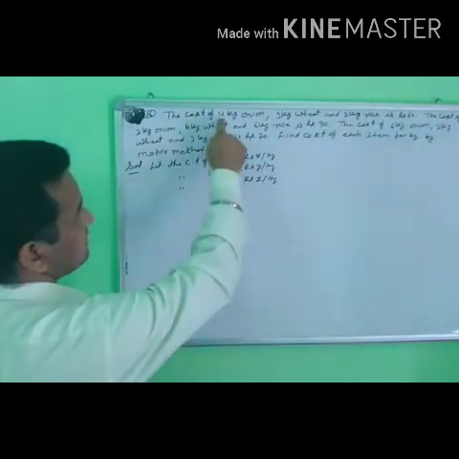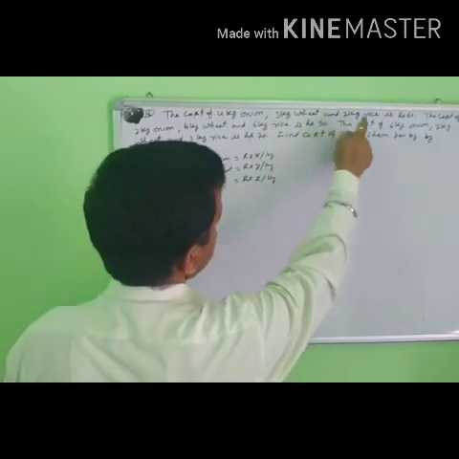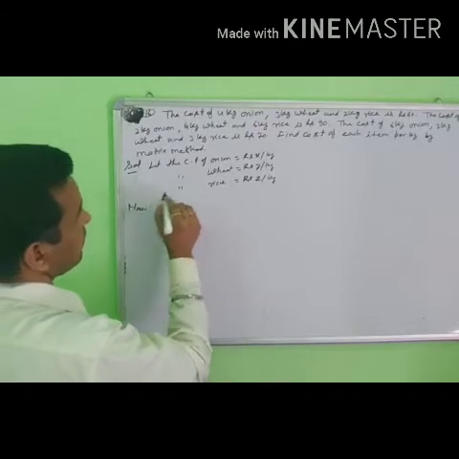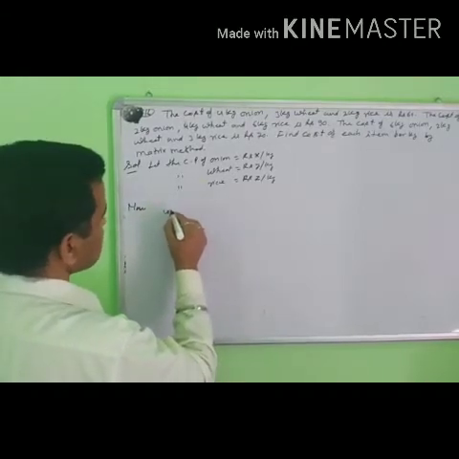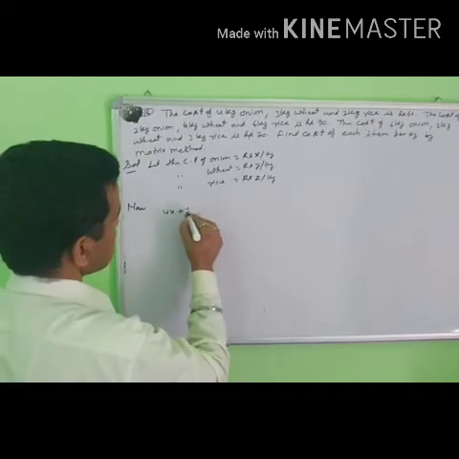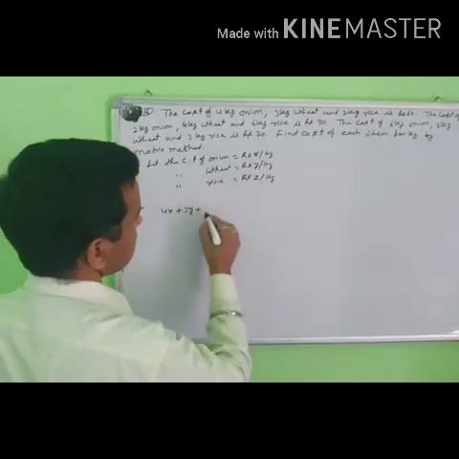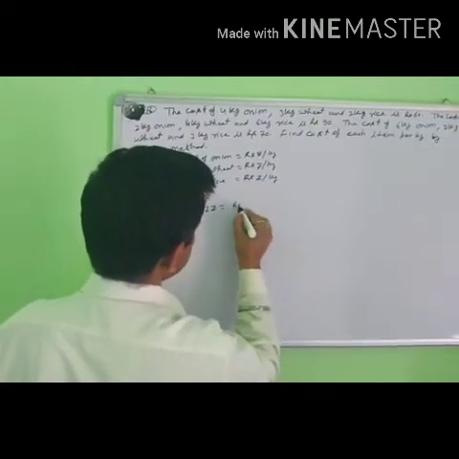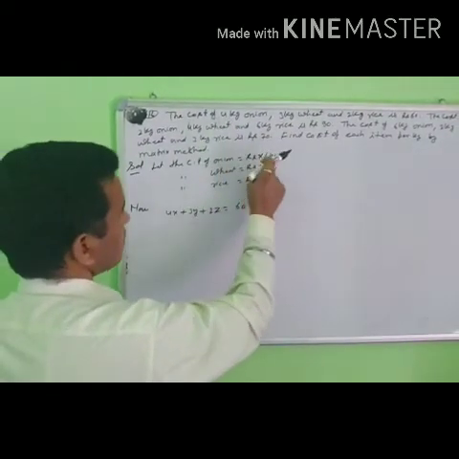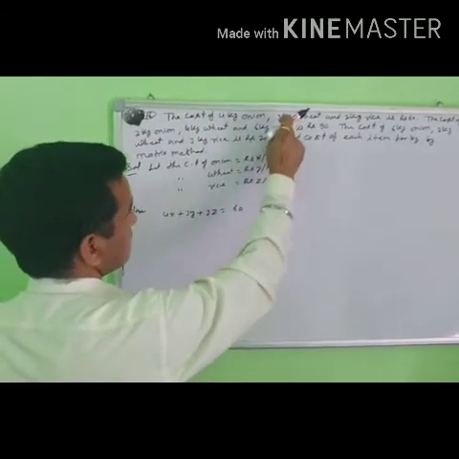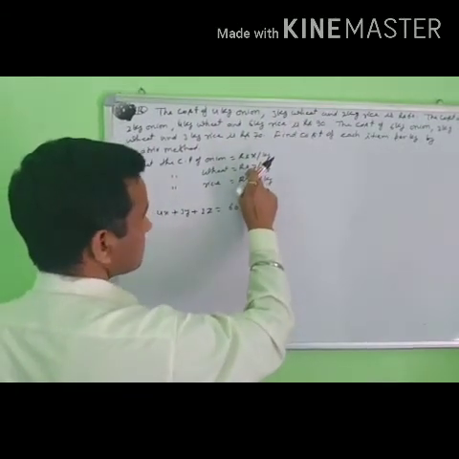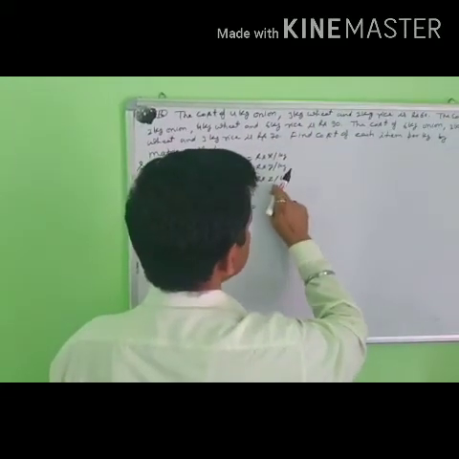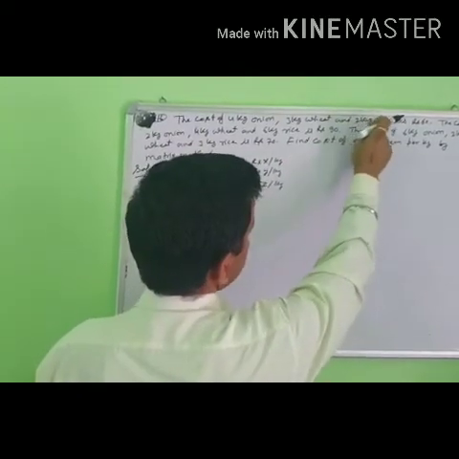First, 4 kg onions, 3 kg wheat and 2 kg rice are required. 4 kg means 4x plus 3 kg means 3y and 2 kg means 2z, equal to the total payment, 60 rupees. The cost of 1 kg onion is x, so 4 kg is 4x; 1 kg wheat costs y, so 3 kg is 3y; similarly 1 kg rice costs z rupees, so 2 kg is 2z.